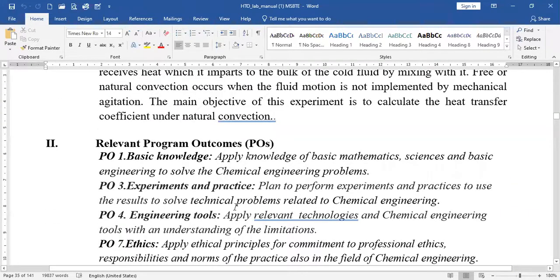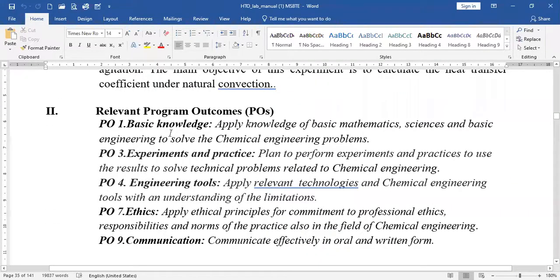The relevant program outcomes are the basic knowledge, that is, apply knowledge of basic mathematics, science, and basic engineering to solve chemical engineering problems. Then experiments and practice: plan and perform experiments and practices and use the results to solve technical problems related to chemical engineering.